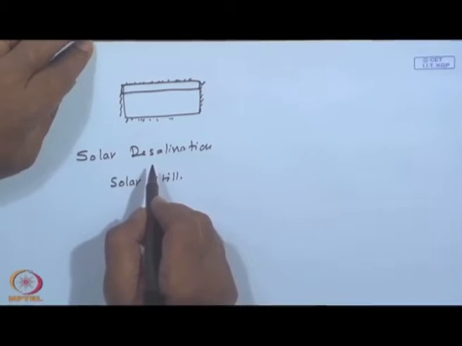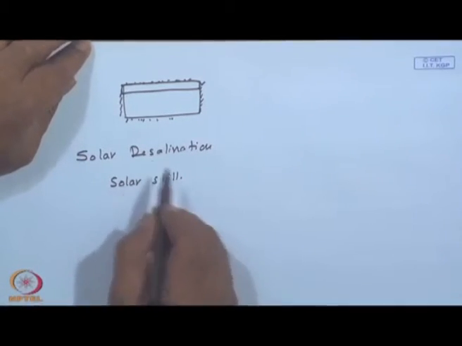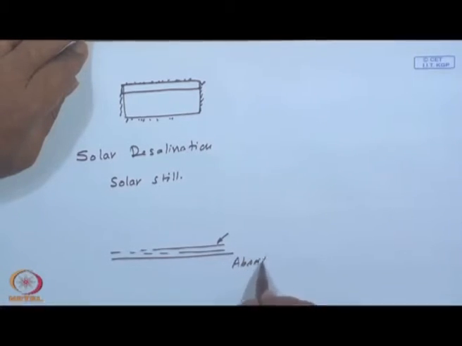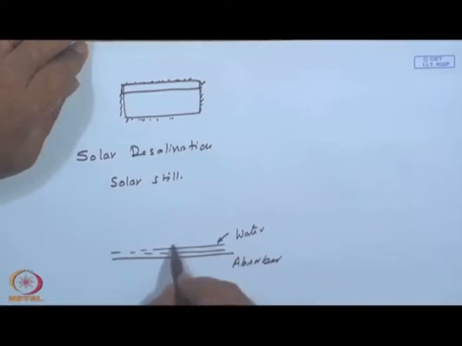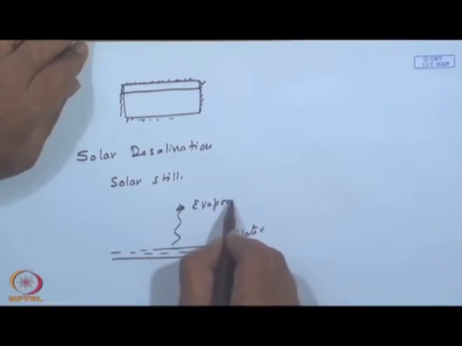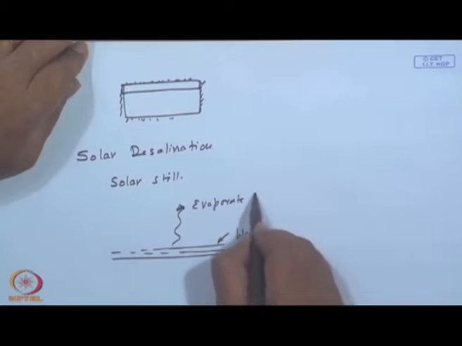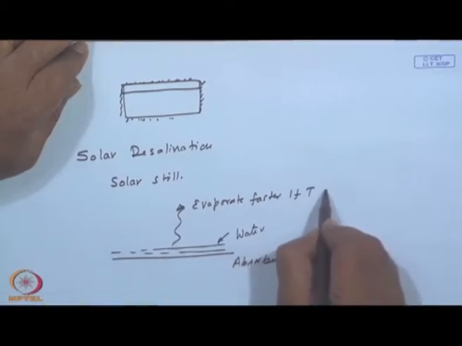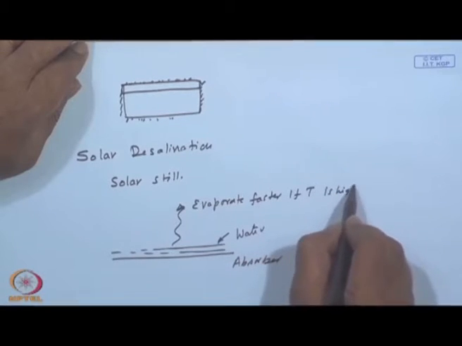So, when you have a suitable solar radiation absorber in contact with water, this will evaporate faster if T is higher.